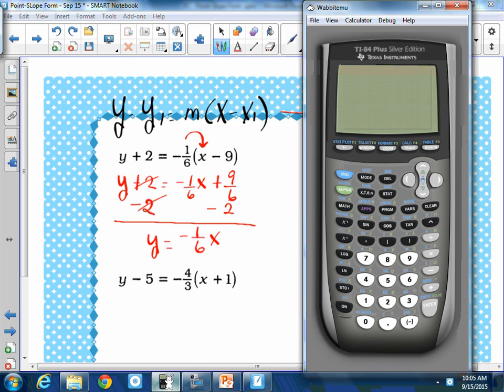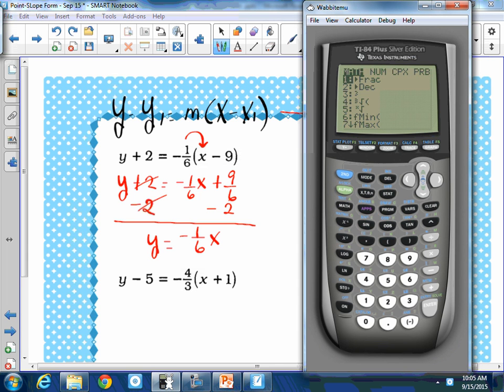To write down fractions on a calculator, you always have to put them inside parentheses. I'm going to say 9/6 minus 2. And if it gives it to me as a fraction, do not worry about it.